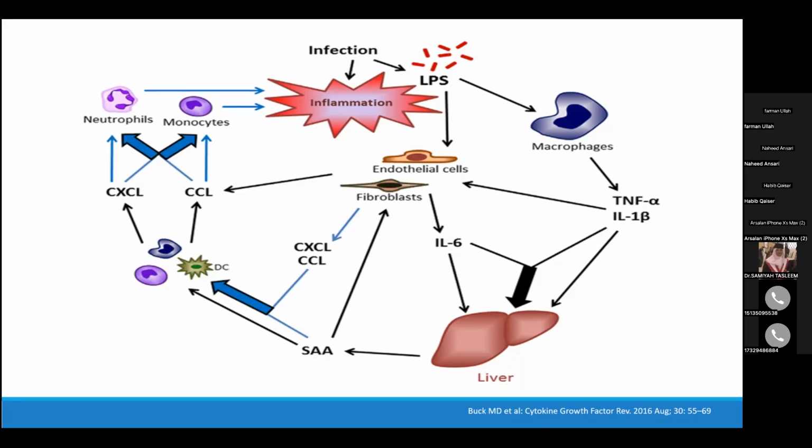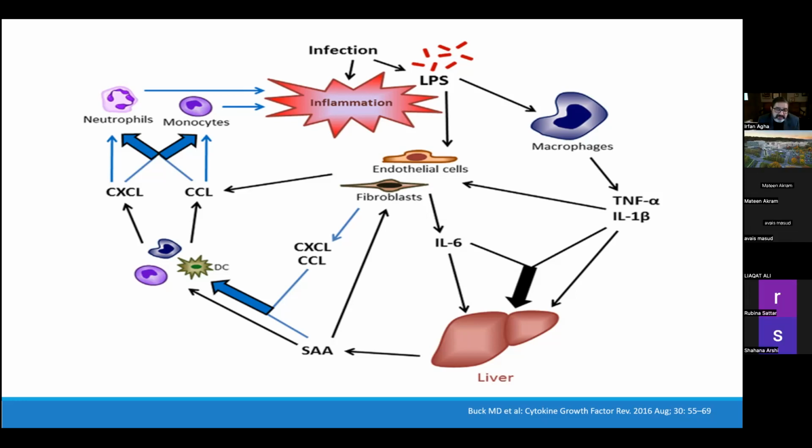you activate endothelial cells, you activate macrophages, you generate an inflammatory response. Activated macrophages can release Th1 cytokines, so TNF alpha, interleukin 1. Activated lining cells and fibroblasts are very good sources of interleukin 6.